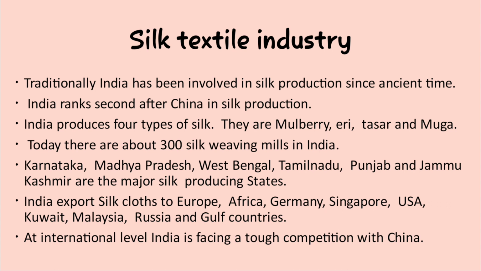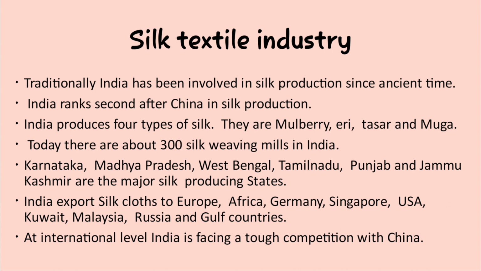Today there are about 300 silk weaving mills in India. Different parts of our country we are having silk weaving mills. For example, Karnataka is the leading producer of silk in our country. उसके बाद मध्य प्रदेश आएगा, West Bengal, Tamil Nadu, Punjab and Jammu Kashmir are the major silk producing states.